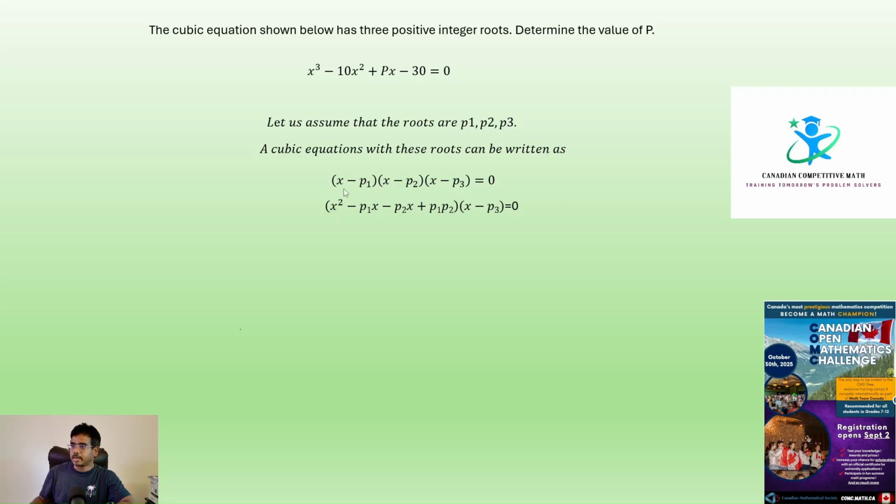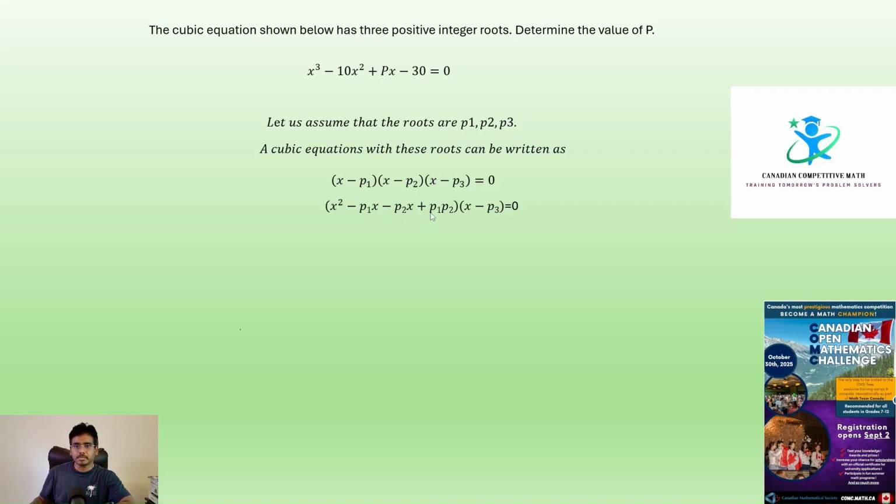Next we multiply x minus p1 with minus p2. So x times minus p2 is minus p2x, and minus p1 times minus p2 will be equal to plus p1p2. So the product of x minus p1 and x minus p2 is x squared minus p1x minus p2x plus p1p2.